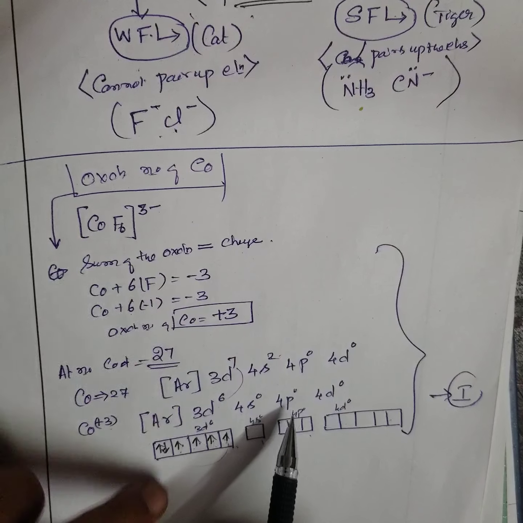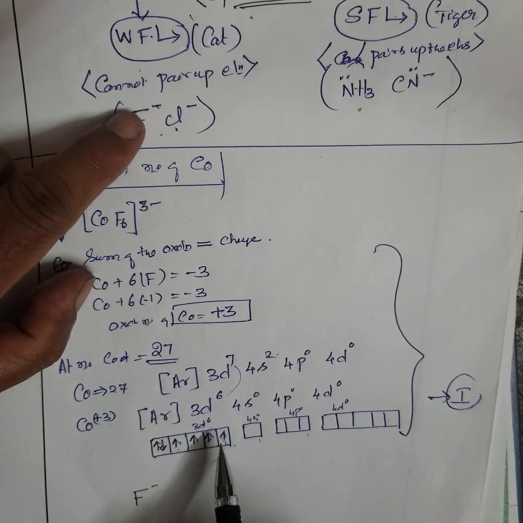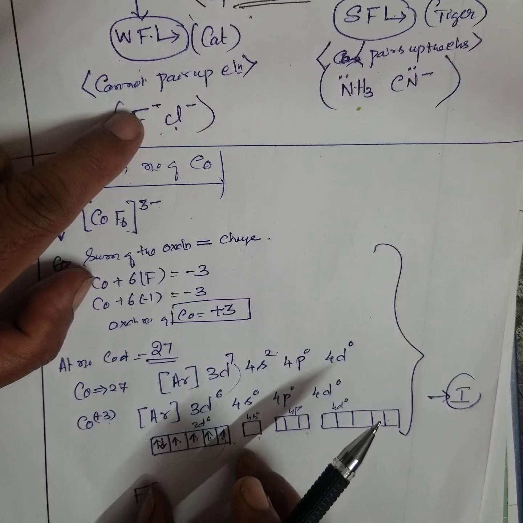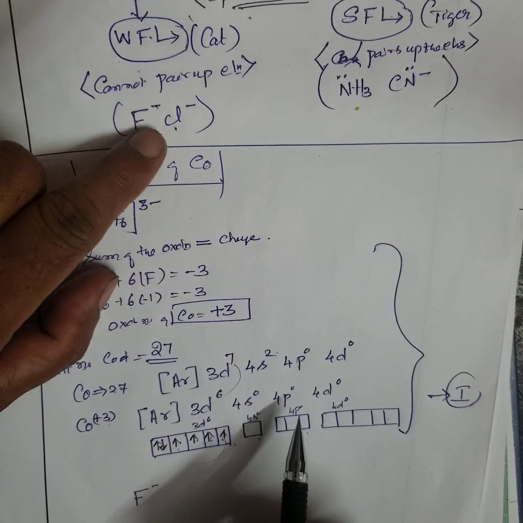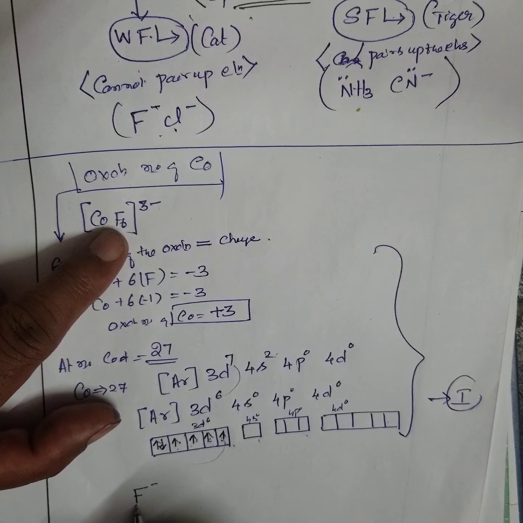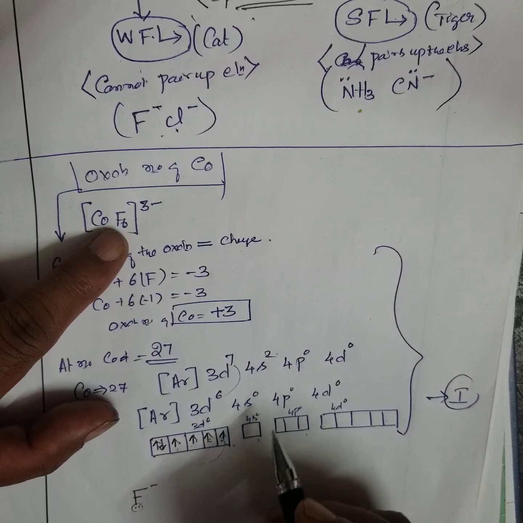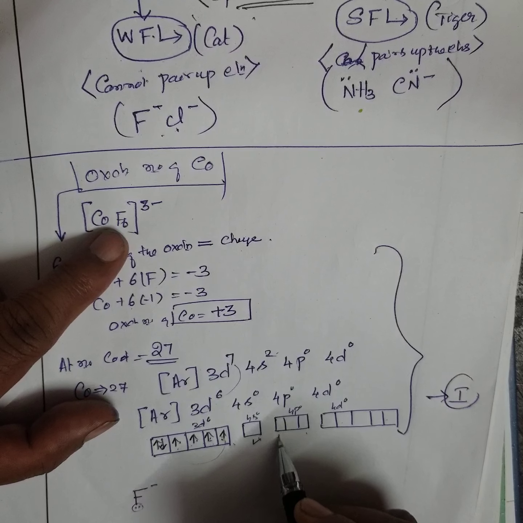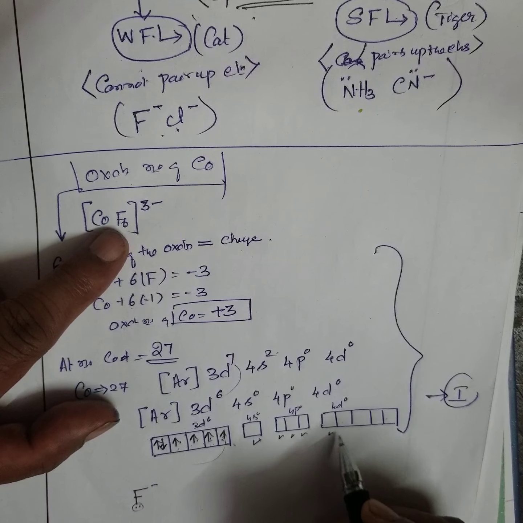You can request, but it is not strong enough to push these electrons. Therefore, how many fluorides are there? 6. Each fluoride donates a pair of electrons. For that, how much place is required? 6 rooms.